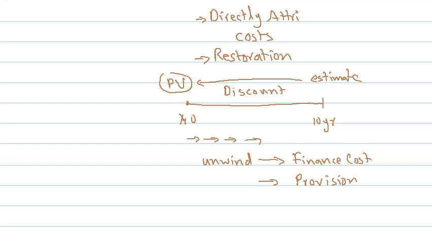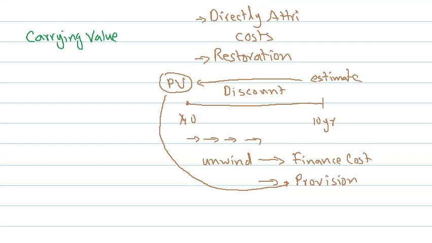The present value will also be part of this provision, and the unwinding cost will also become part of this provision. So this provision will grow over the 10 years, and at the end of these 10 years it will become equal to our initially estimated cost. The requirement is carrying value.